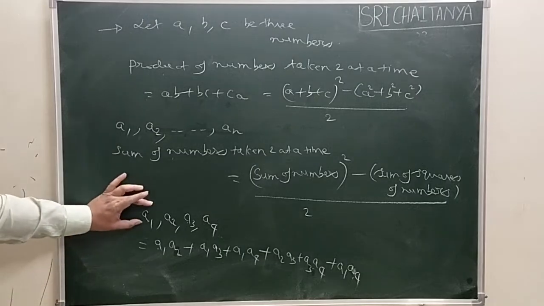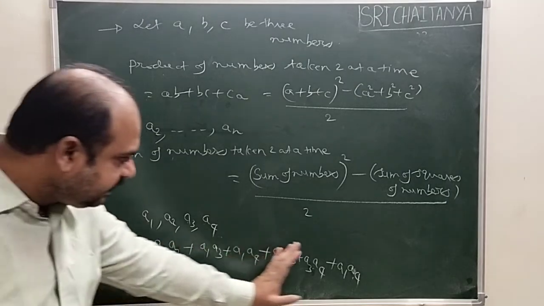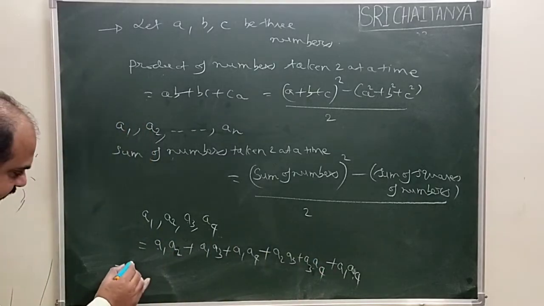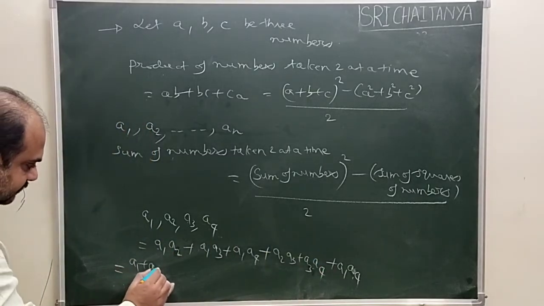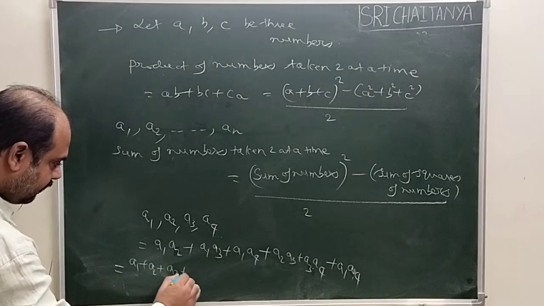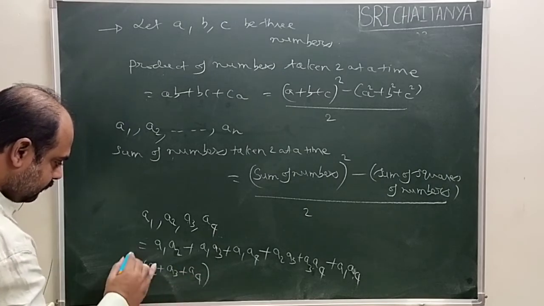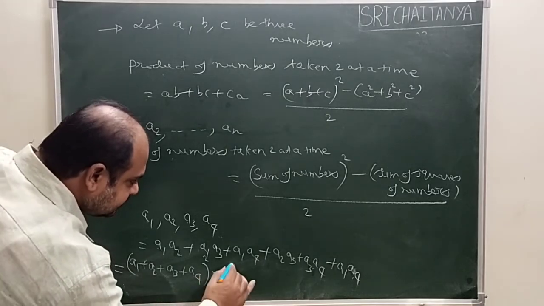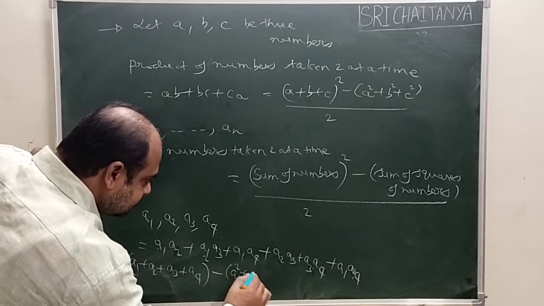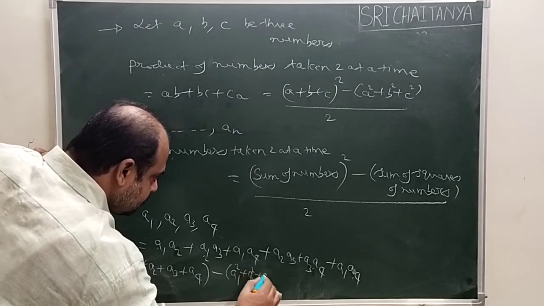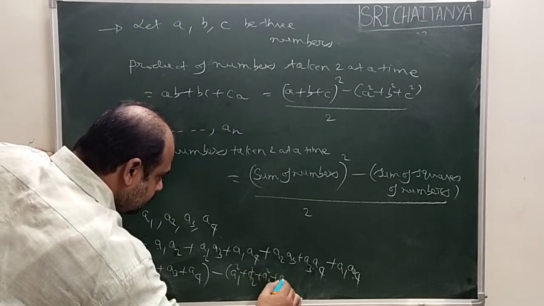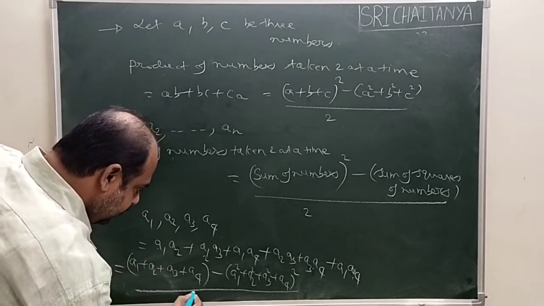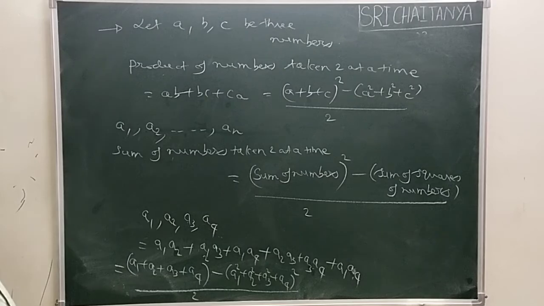These are the products of 4 numbers taken 2 at a time. If you want to calculate such a sum, we take their sum square minus the sum of their squares, whole divided by 2.